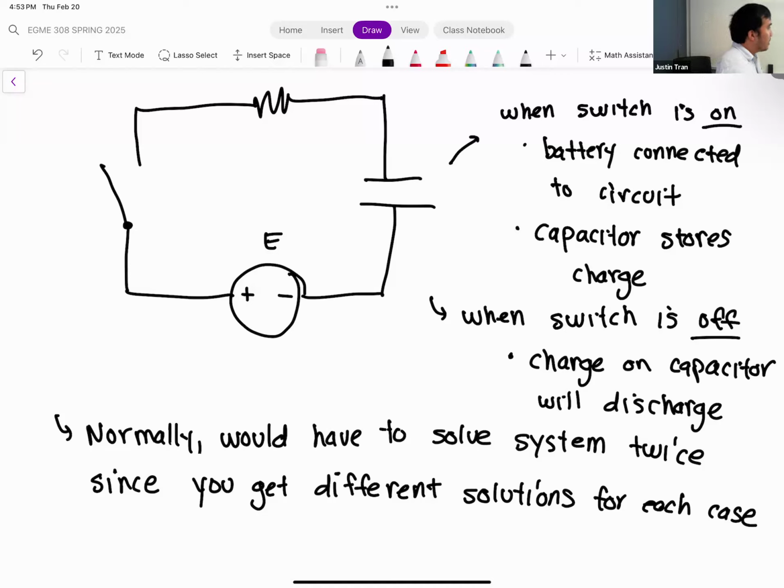Okay. And this circuit is not the only case for this. Another case, a little bit more complicated but following the same principle, is driving your car down the freeway, right? When you're driving on the freeway or on the road, you're not stepping on the gas at all points in time.